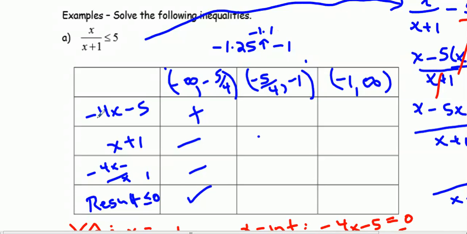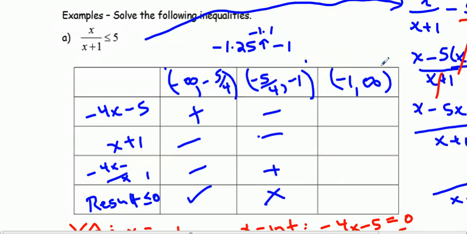If I take negative 1.1 and multiply it by negative 4, I'm going to get a positive number less than 5, positive 4.4 in fact. Minus 5 is negative. Negative 1.1 plus 1 is also slightly negative. So when I divide those two, I'm going to get a positive. We want our result to be less than or equal to 0, so this one doesn't work.